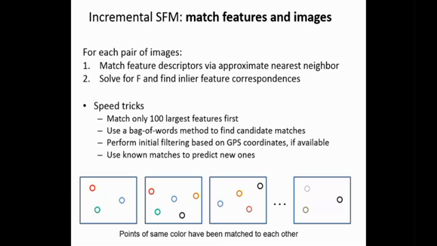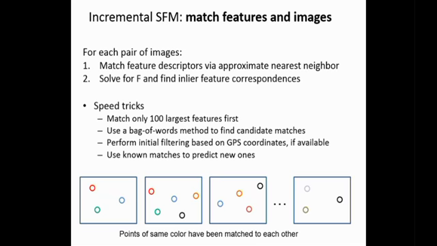compute the feature descriptors and then match them using, typically, approximate nearest neighbor. You could use locality-sensitive hashing or cascaded hashing, some kind of hash function, so that you can match features very quickly.